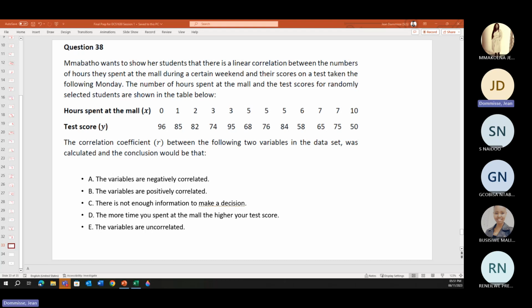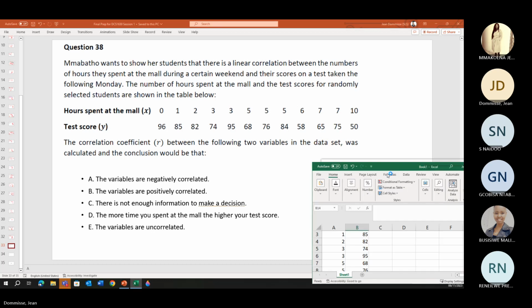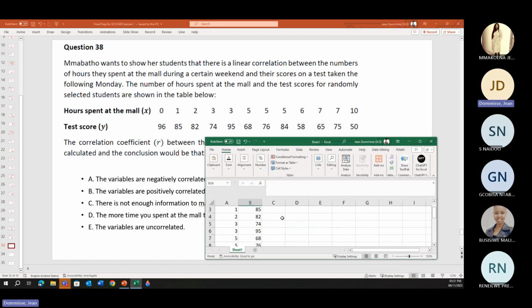Okay, so while I'm putting the data in, then I will share on the screen. Okay, so I just want to quickly make sure that I've got the right data.